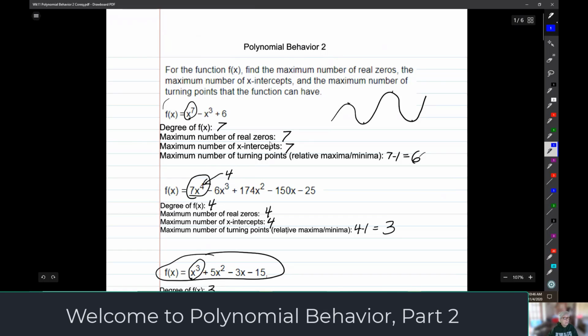You could have less, but not more. And at most 7 x-intercepts. And at most 7 minus 1, which is 6, turning points. The maximum number of turning points will always be 1 less than the highest power of the polynomial.